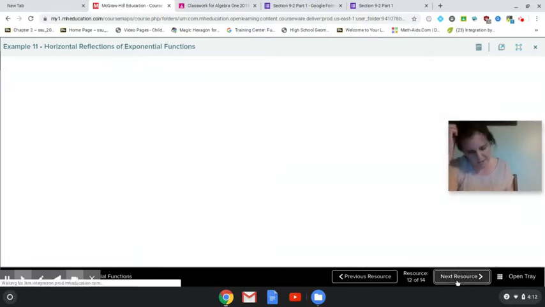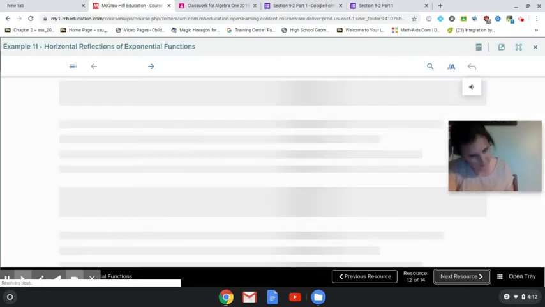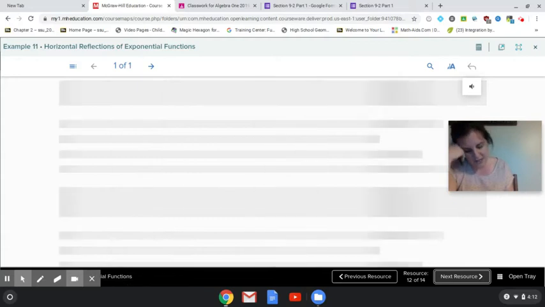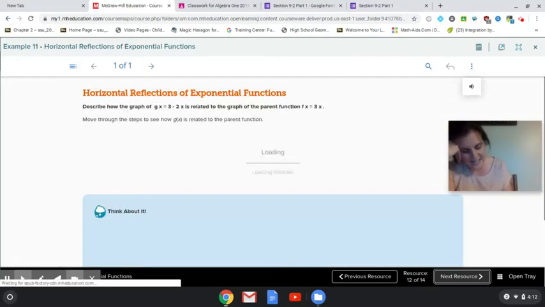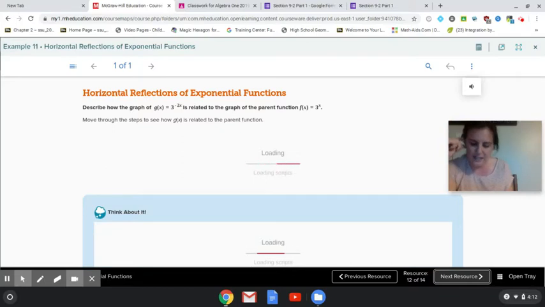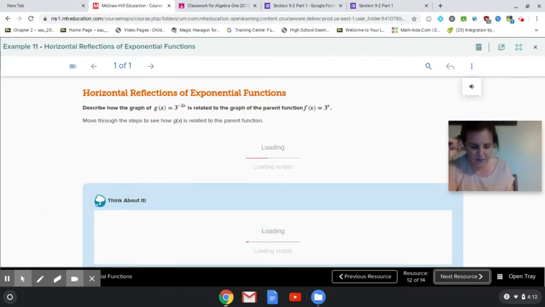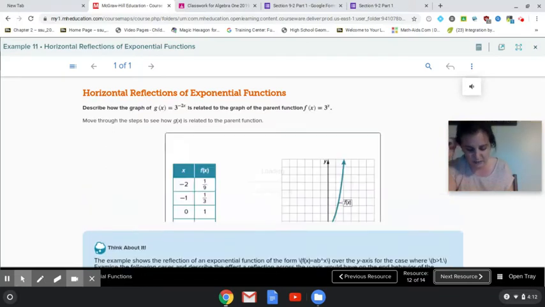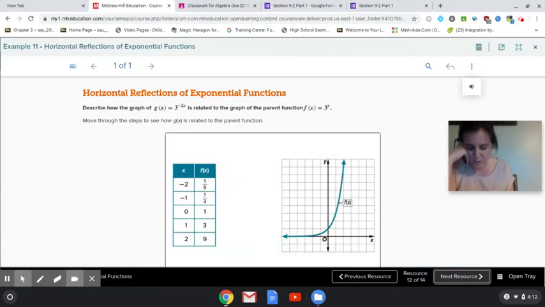And example number 11, we're on page 503. Says describe the reflection in g of x equals 3 raised to the -2x power as it relates to the graph of the parent function f of x equals 3 raised to the x. So if you look at what happened in the graph, let me pull that graph up here real quick.